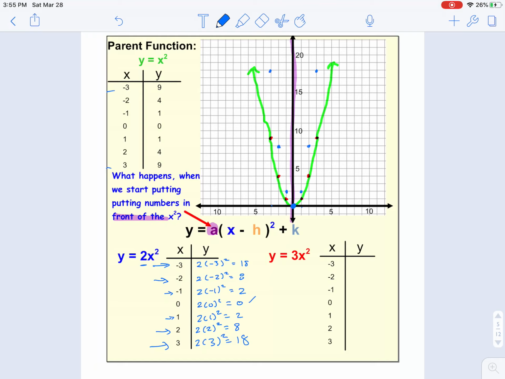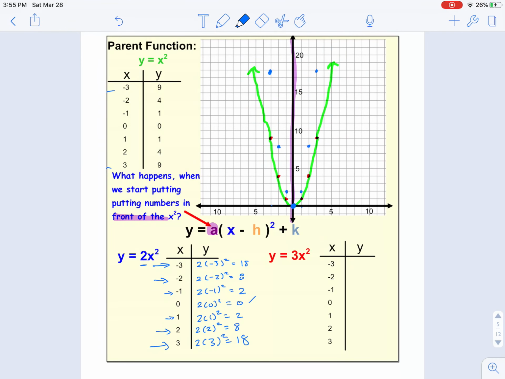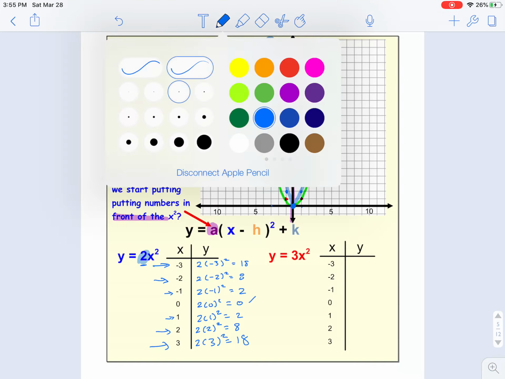Back 1, 2, 3, up 18. So now you can start to see what's going to happen. Let me grab my blue highlighter here. When we add the 2, it's going up faster, and that makes sense. It's going up 2 times as fast, right?